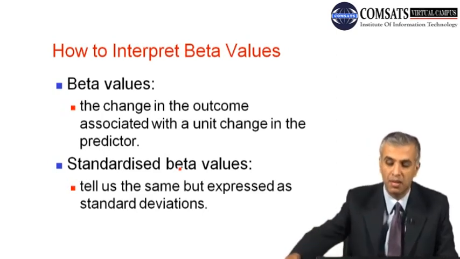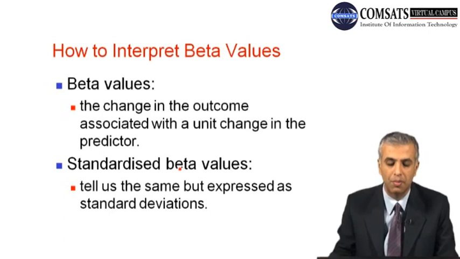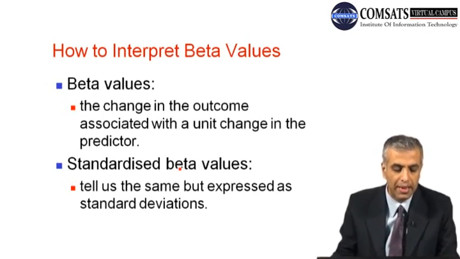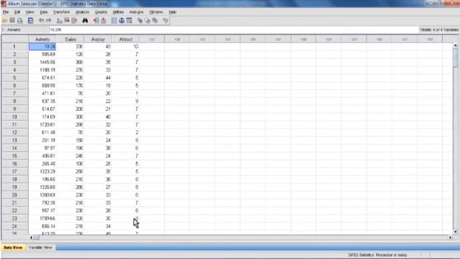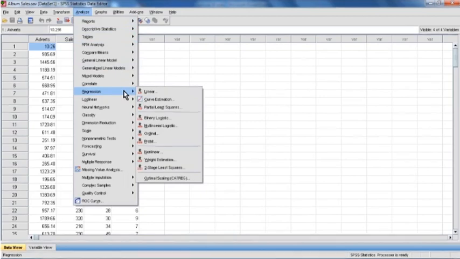So let's come to an example in SPSS, and let's try to find out how this whole multiple regression phenomenon is carried out. So let's click on Analyze, and we go to the Regression option here.